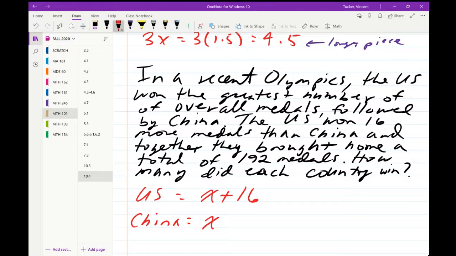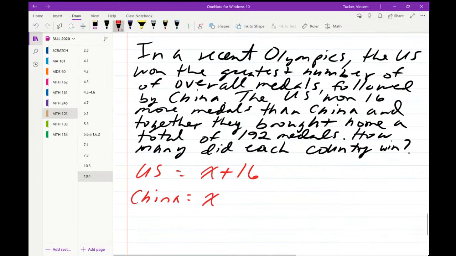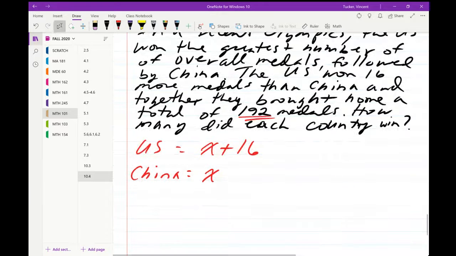All right. So we know totally when we add our medals together, add up U.S. and China, it equals 192 medals. So what I would do is X plus 16, which is the U.S., plus X, that's China.